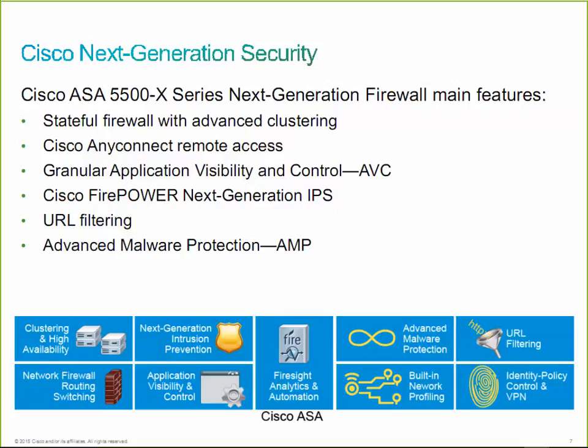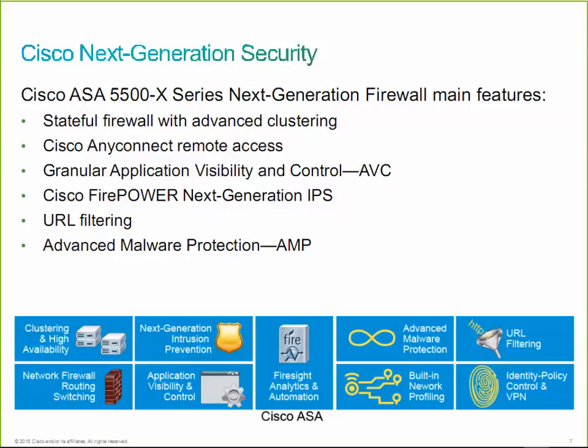We can also deploy next generation IPS as an appliance, or it can be part of our ASA with the integrated Firepower services. So lots and lots of options, and if you go through the CCNP security training, you learn about all of these tools from a hands-on, technical perspective.